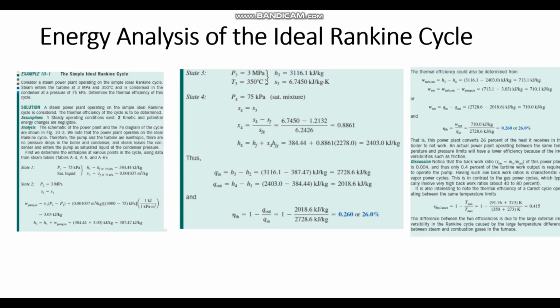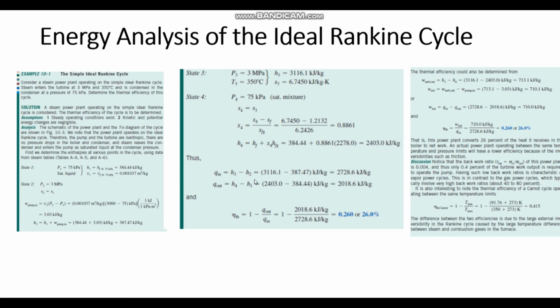Then secondly, we heat the water to the aimed pressure and temperature, and we find the enthalpy. After that, we get the enthalpy of the saturated vapor at the pressure of 75 kilopascals, saturated mixture, which is 2403 kilojoules per kilogram.